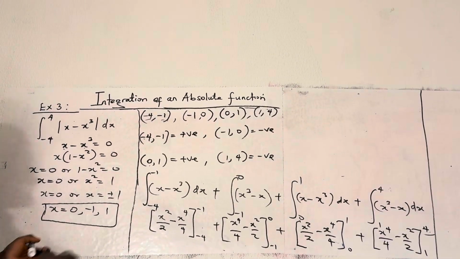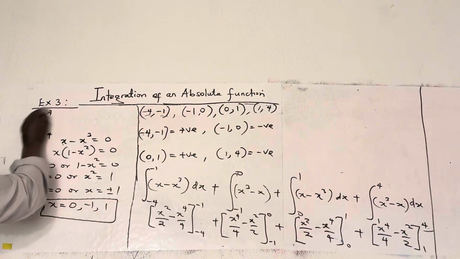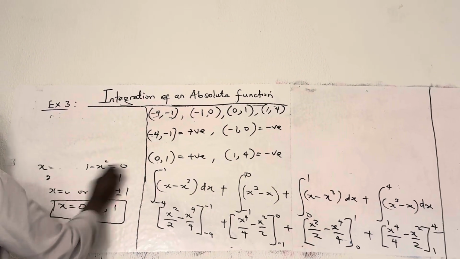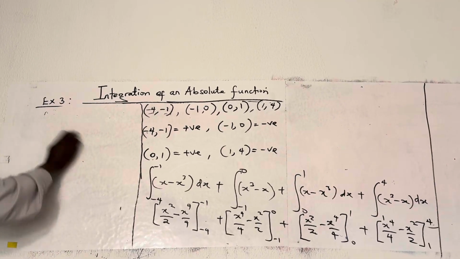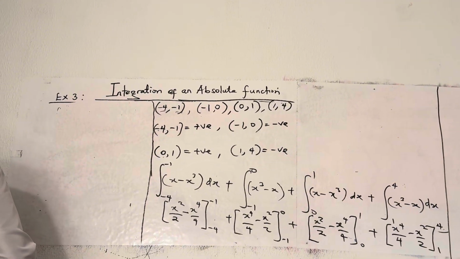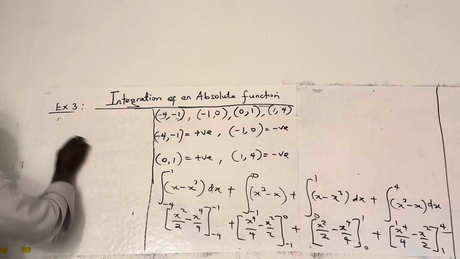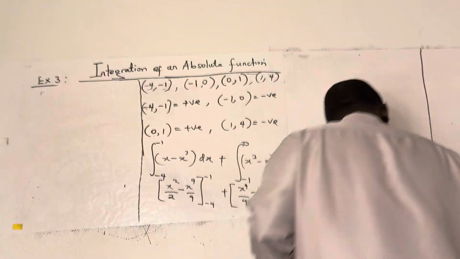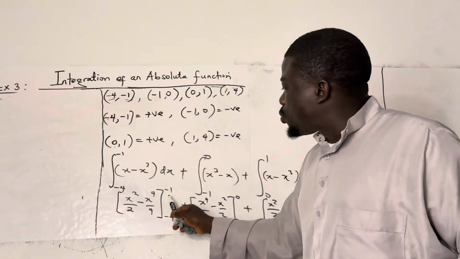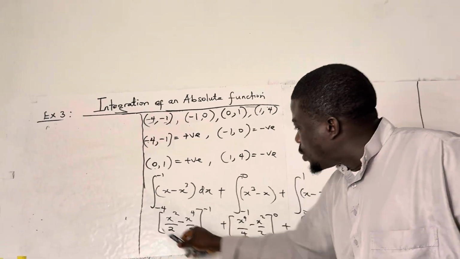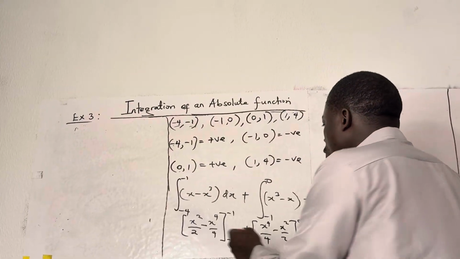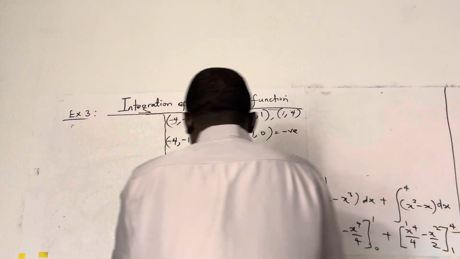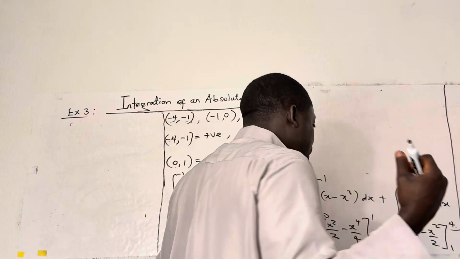Now the next step is to substitute our value. Let's substitute our value here. Now, if you substitute minus 1 and minus 4 in all of this equation, I will write my value in decimal points.